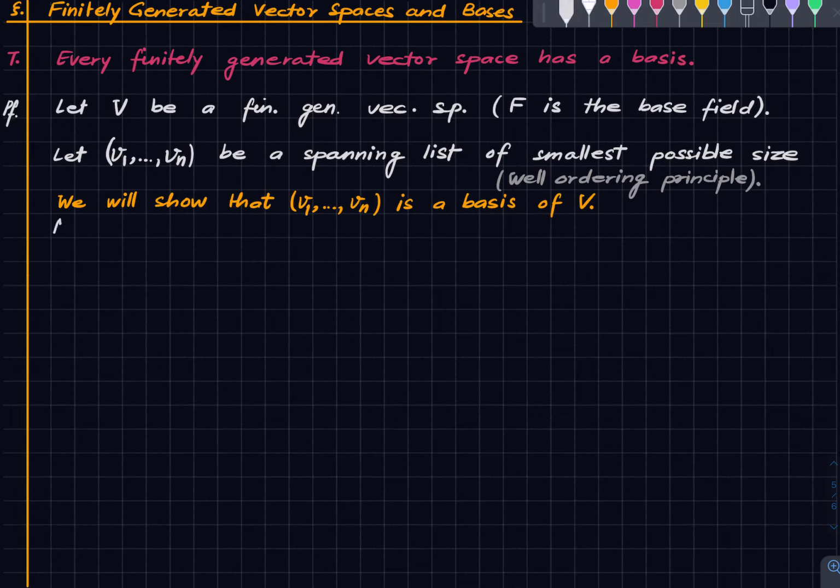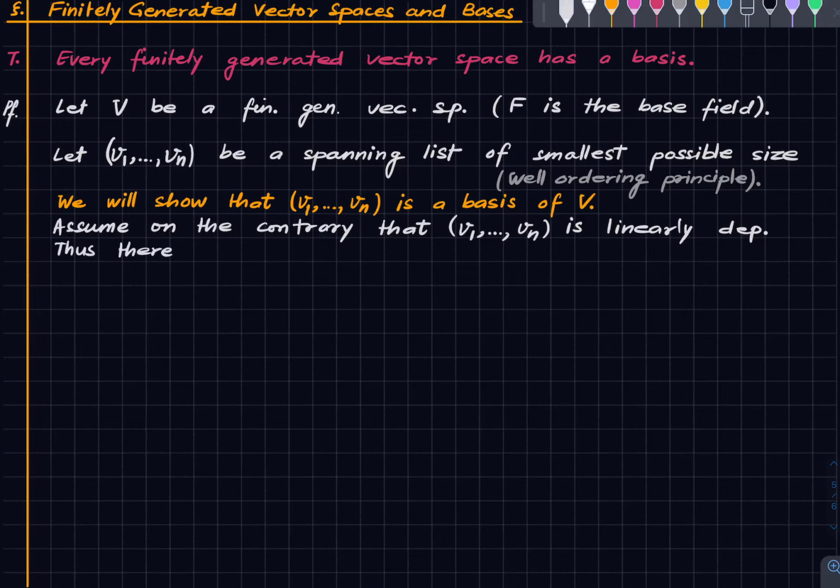So assume on the contrary that this is linearly dependent, and therefore we can find scalars alpha 1 up to alpha n such that the corresponding linear combination vanishes.